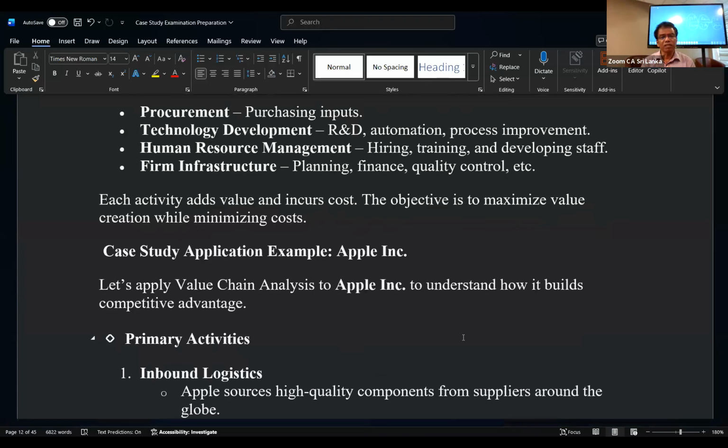Each activity adds value and incurs cost. The objective is to maximize value creation while minimizing the cost. That is our objective. That is why you are given the role in this unseen, right?